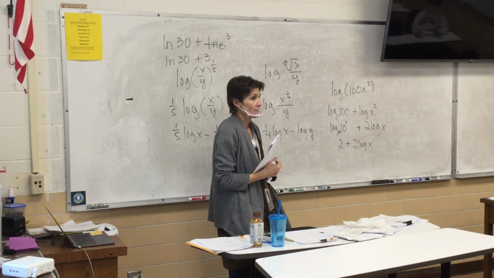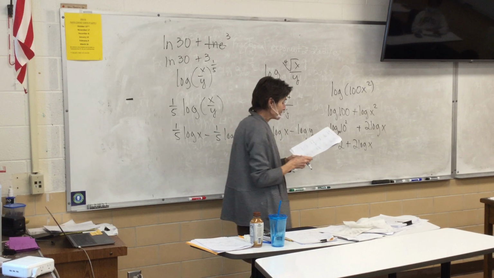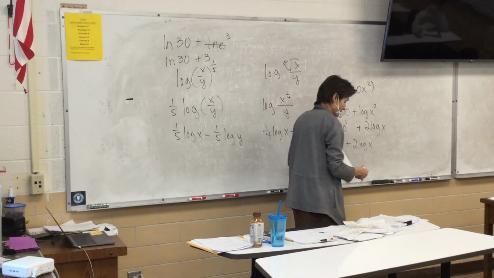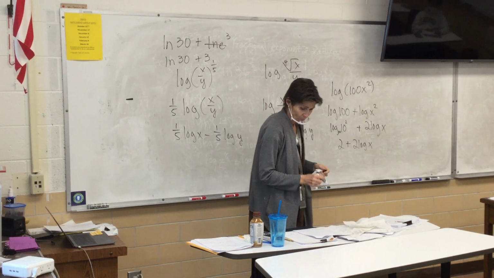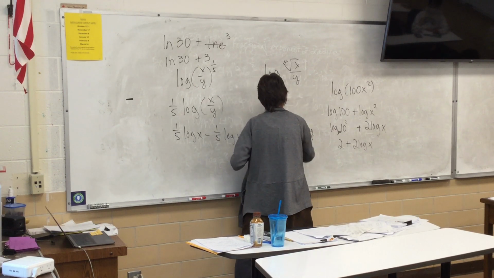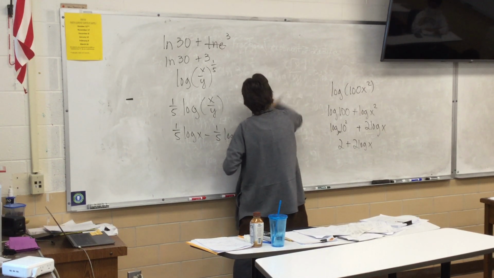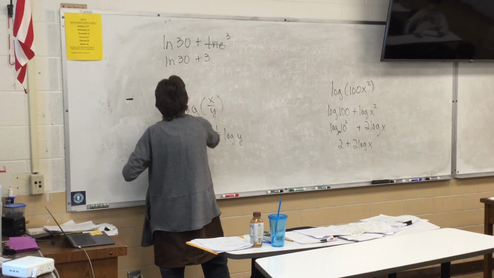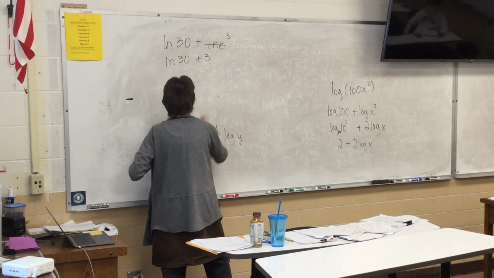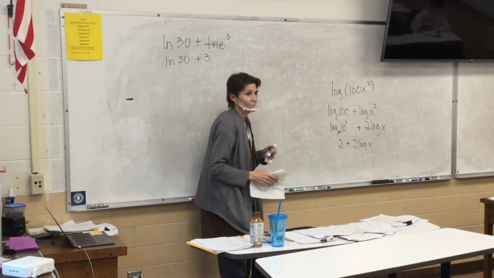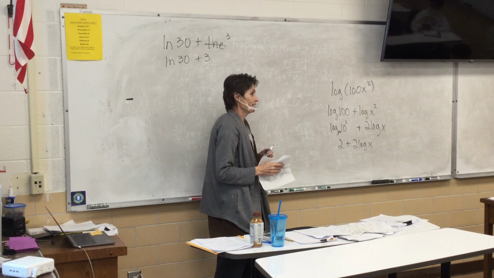Okay? All right. Now we're going to talk about how to evaluate these weird random logarithms on our calculators. Because on your calculator, some of the new ones, some of you guys with the brand new calculators, they will do this weird stuff.